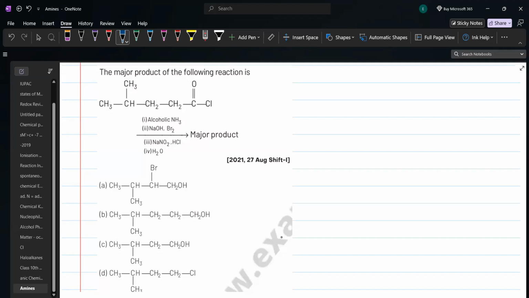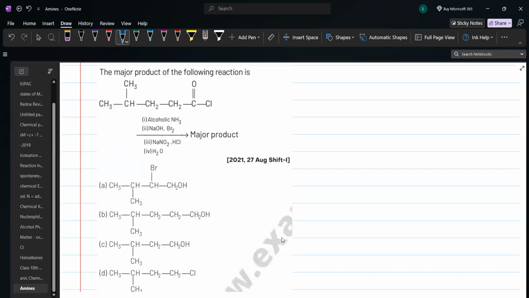Let me give you a hint. Carbon is degraded. One of the carbons is going out of the chain, so the number of carbons in the chain will reduce by 1. This is the specialty of this Hoffman bromide degradation.